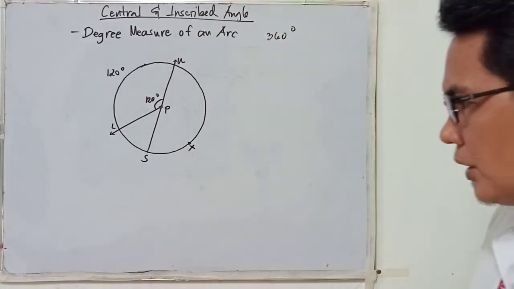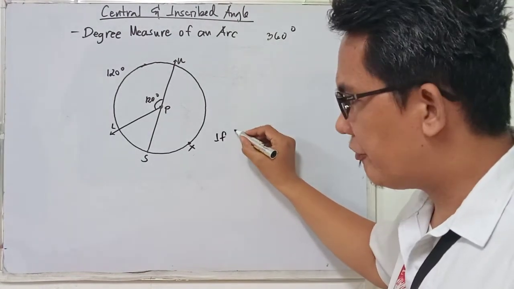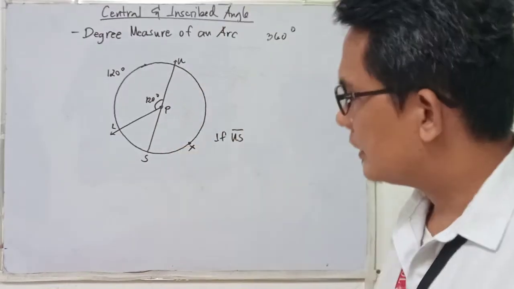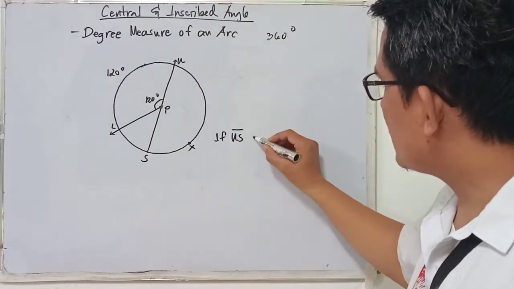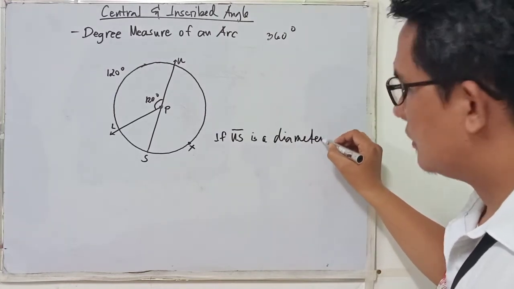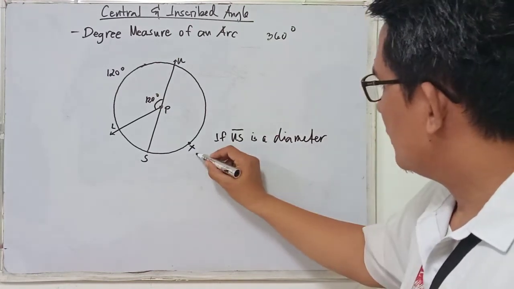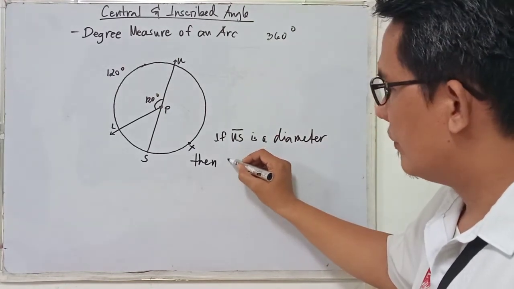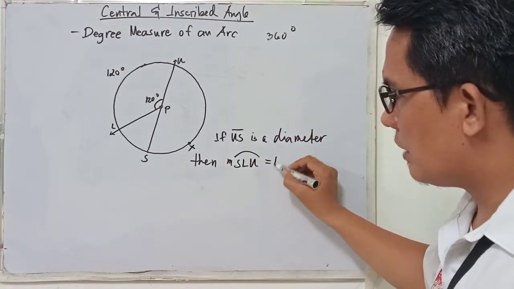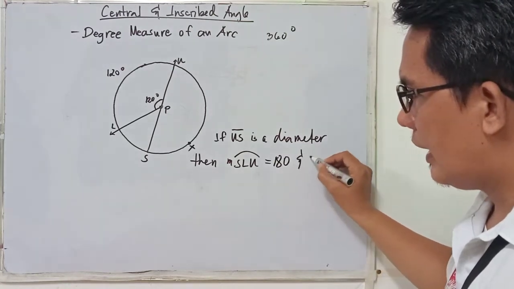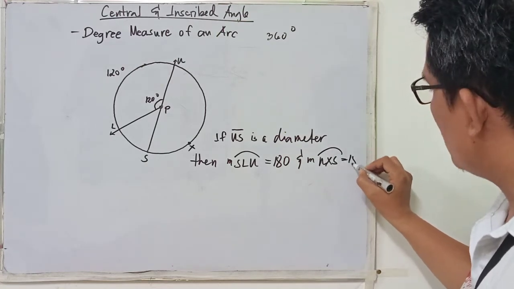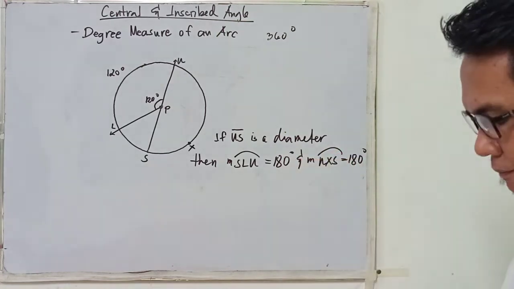So we have here an example. If segment US, this one here, is the diameter, then we can say that the measurement of arc SLU is 180, and the measurement of arc UXS is also 180 degrees.